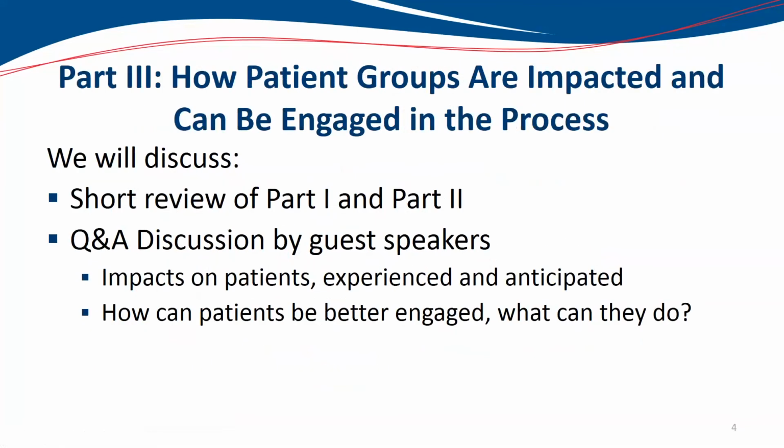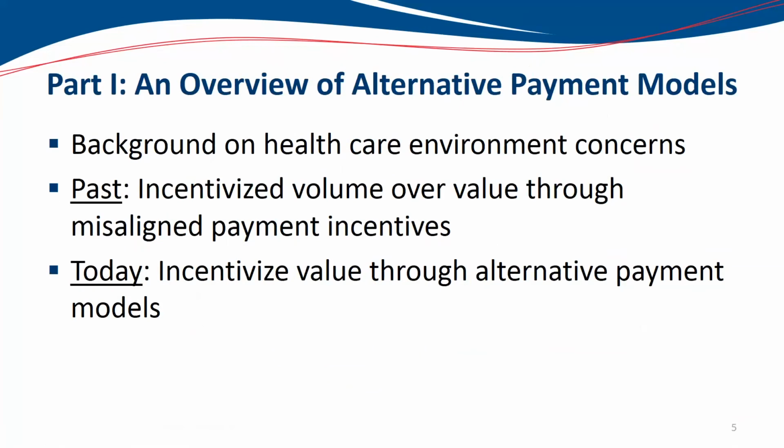As I said, short review, and then the guest speakers. So in Part 1, we covered an overview of alternative payment models, and we talked about how in our background we were looking at healthcare environment concerns, predominantly over cost, but also over quality. And in the past, we had incentivized volume over value through misaligned payment incentives.